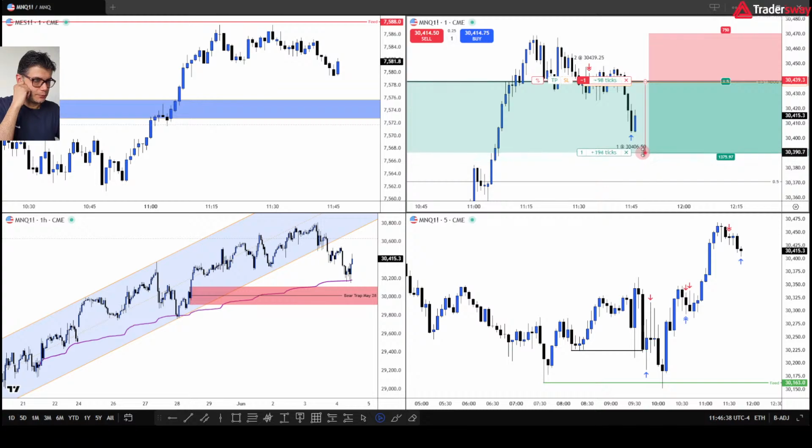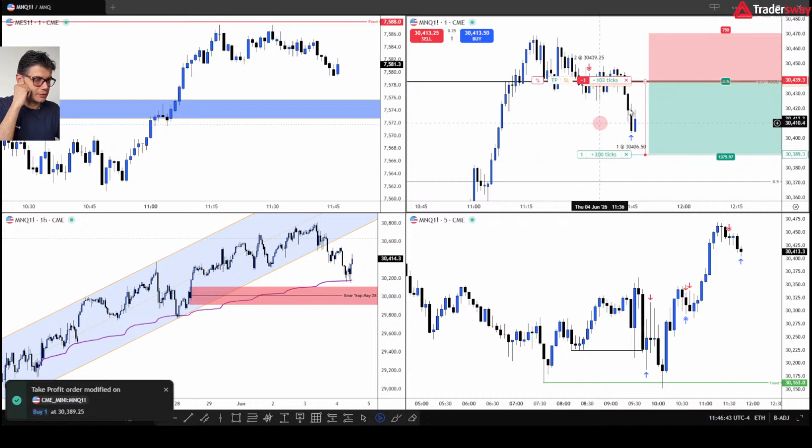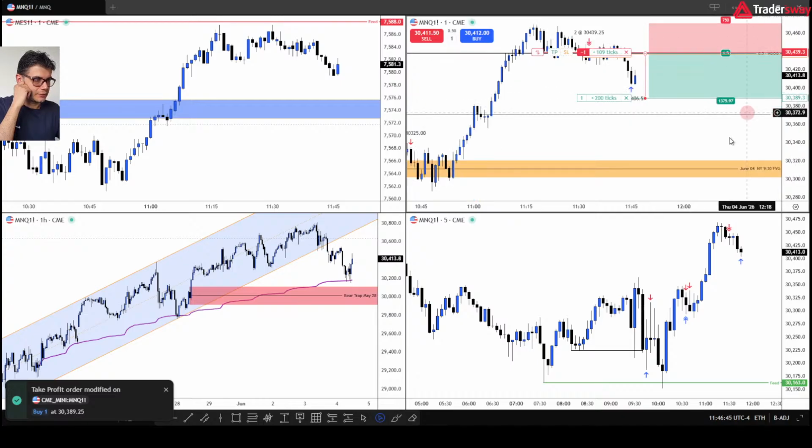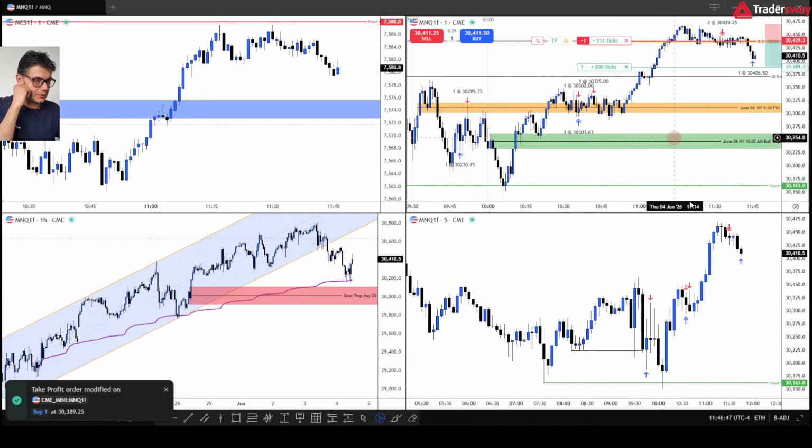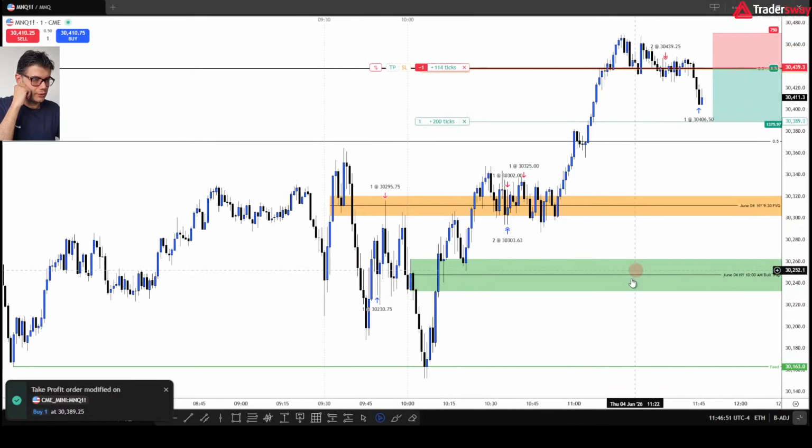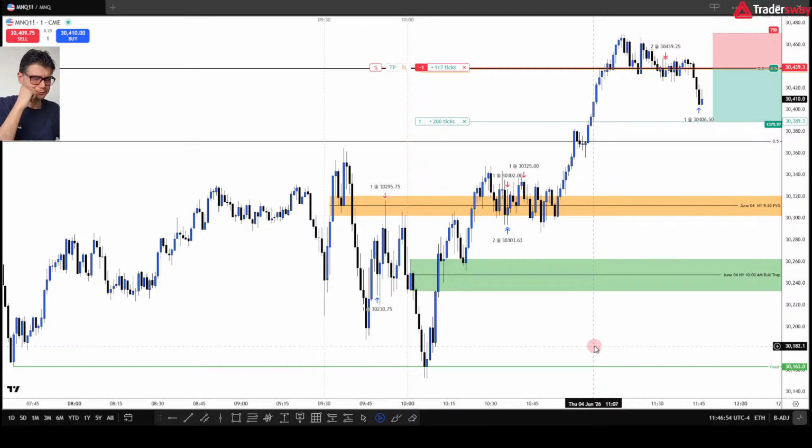So 1 to 1.5 seems a bit fair to me, considering we don't have much information in the order flow. The first one was how much? 125 ticks. That's good. Stop was at the highs.